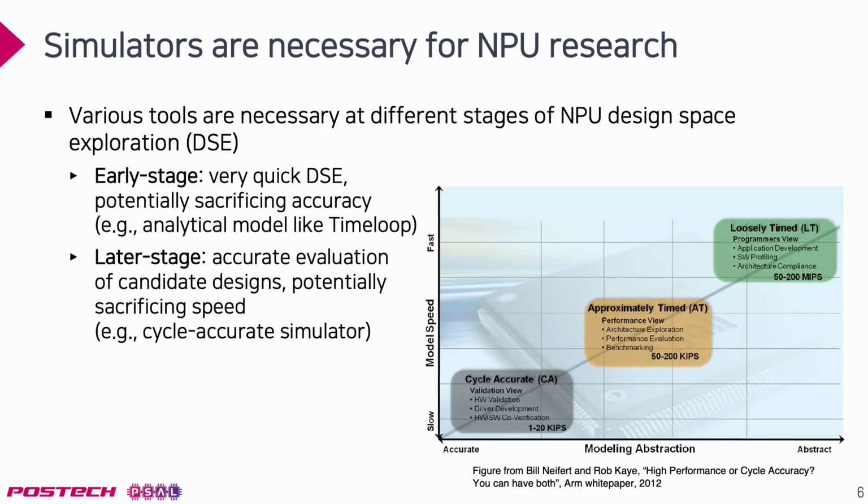But because the speed of such a tool is very important for achieving high productivity during the design process, we want to achieve as fast a speed as possible while still preserving accuracy. That is the goal of PyTorchSim. PyTorchSim strives to provide a cycle-accurate simulation model that can model NPUs accurately while providing as much speed as possible.